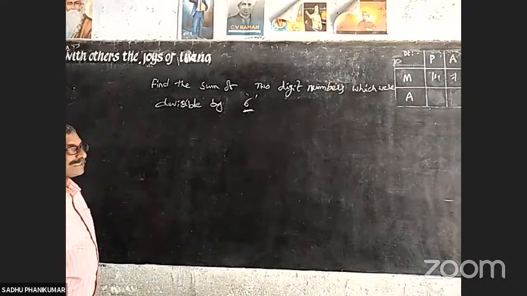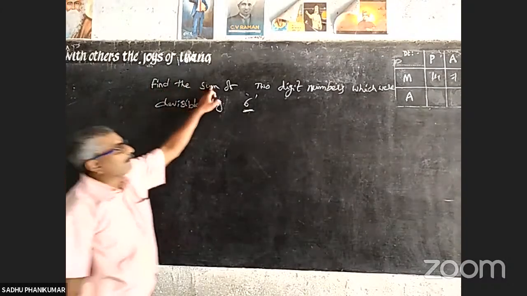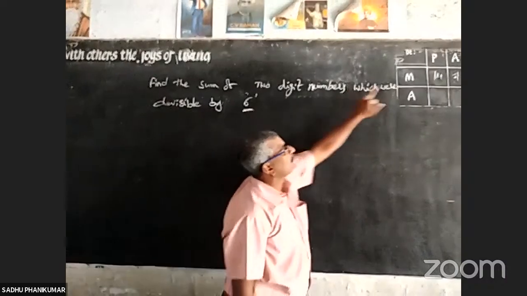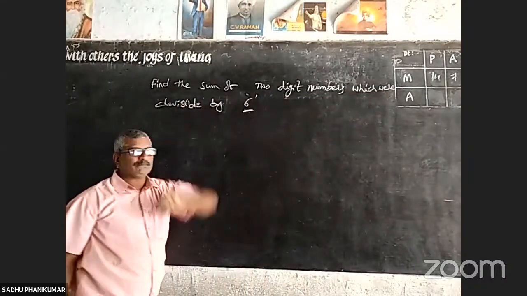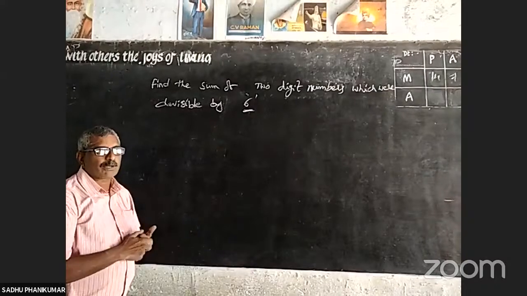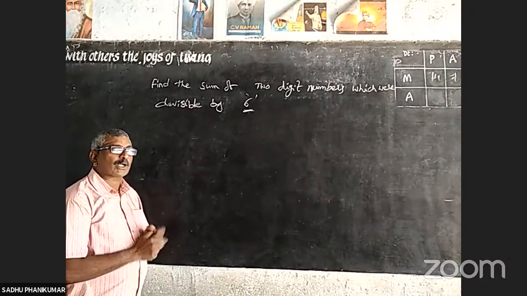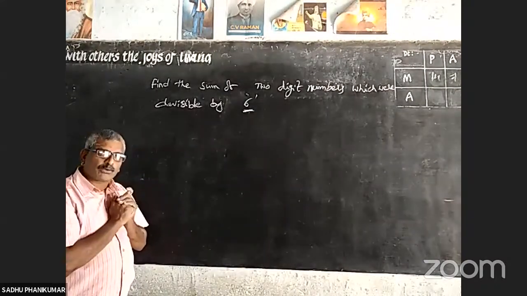What was the problem asking? Find the sum of two-digit numbers which are divisible by 6. The total sum is what we have to find.